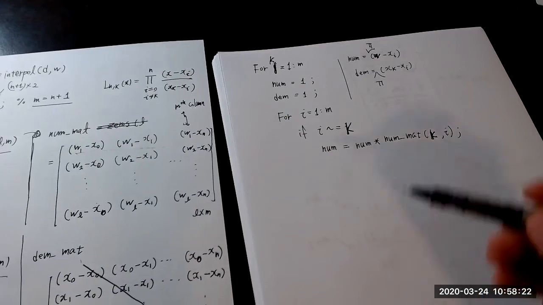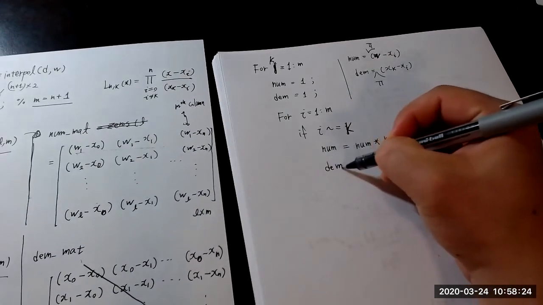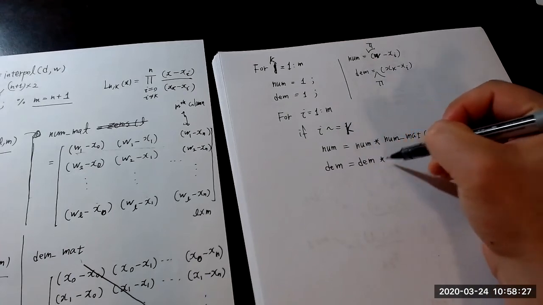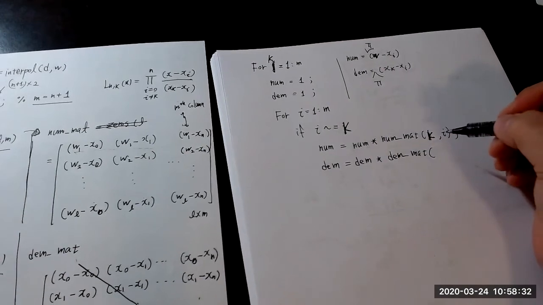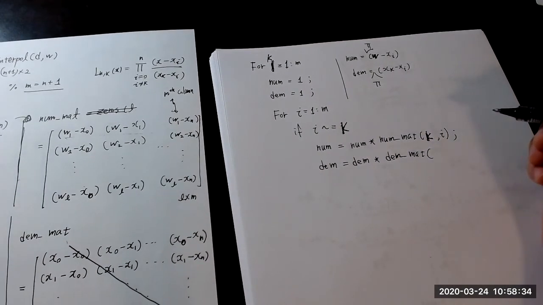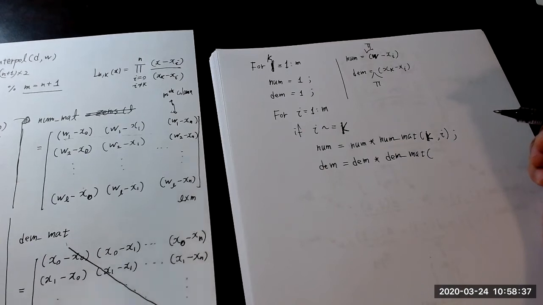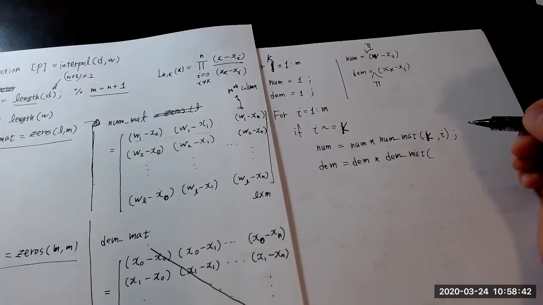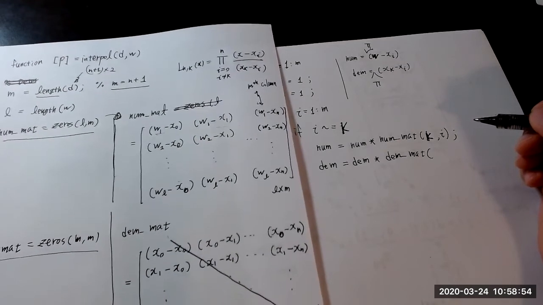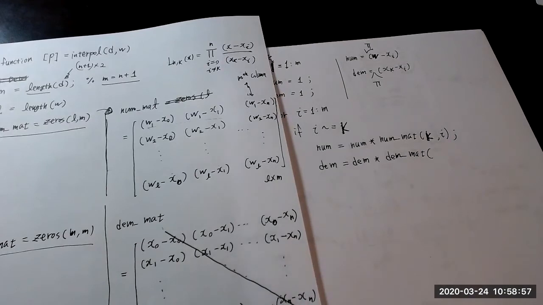Then the denominator is what? It's going to be den times den mat, and then what? Next, let me see. Yeah, so xk minus xi, give me a second.